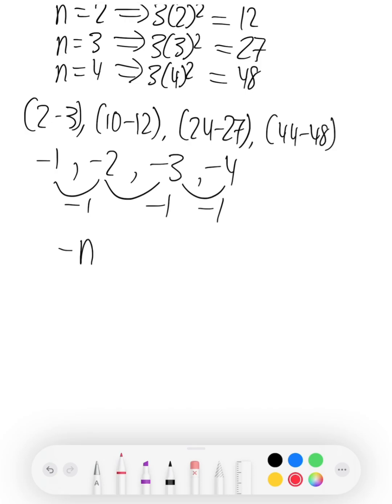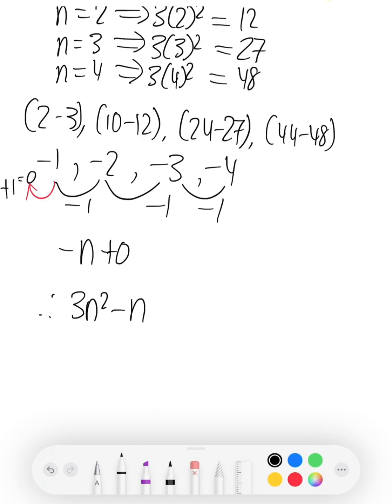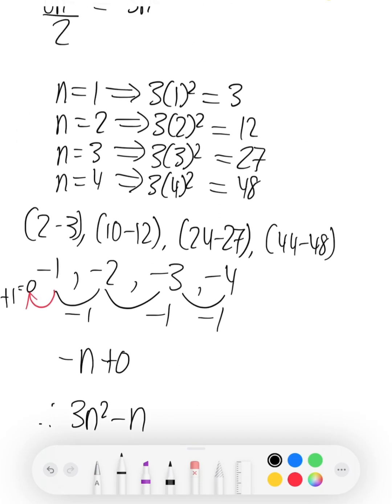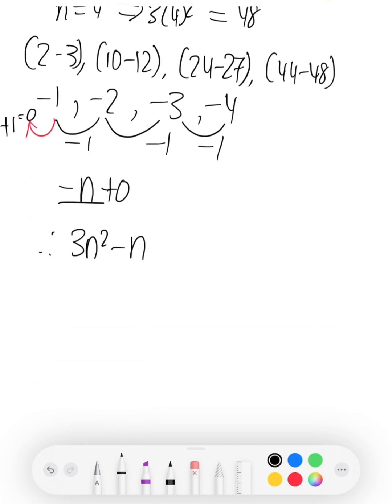So if we go back a step, we will be adding 1. So -1 plus a 1 will give us a 0. So that means we will have this as our final answer. And that will give us a final answer of 3n squared minus an n, and we don't need to write the 0 down. So that's the second question gone through.